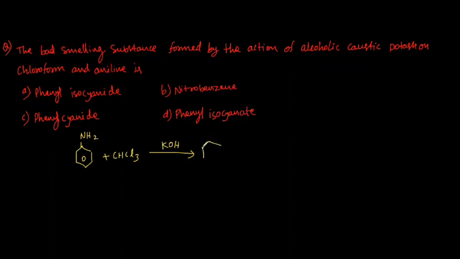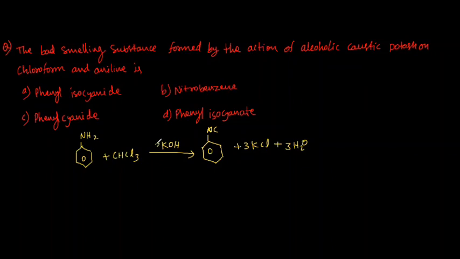Then the compound formed is phenyl isocyanide and the byproducts are 3KCl plus 3H2O.